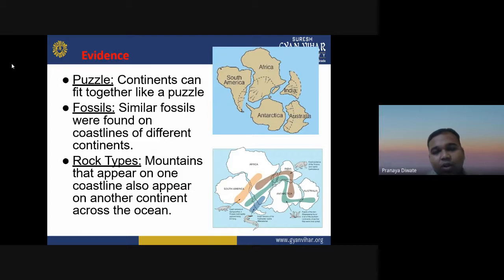Then you have rock type. A similar rock type can be found on this side and also on the opposite side. So you have the puzzle, where continents fit together, then fossils, then rock type. These are the three different evidences we have.